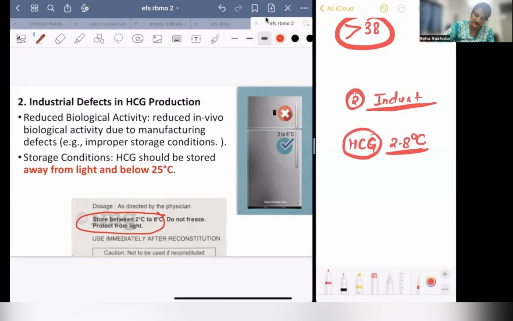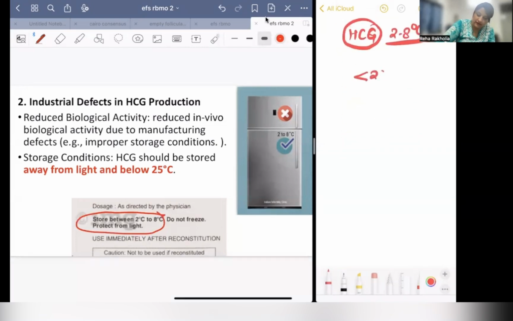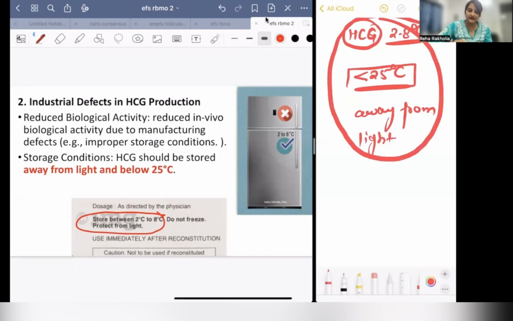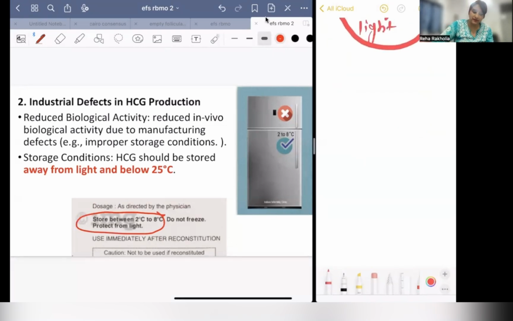It should be below 25 degrees Celsius always and away from light. If it's not stored like this, it can be defective and can cause false empty follicular syndrome. It will reduce the in vivo biological activity due to manufacturing defect or improper storage conditions.